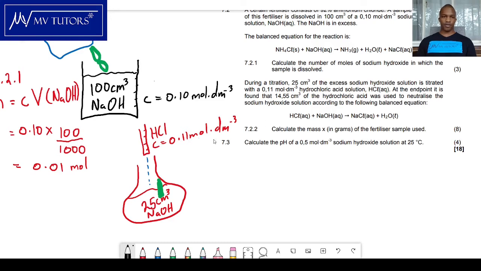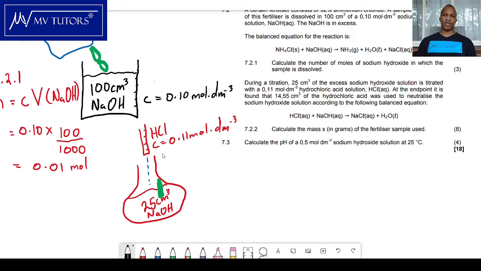I just wanted to write what we've been given so that we can better visualize it. Now at the end point, it is found that 14.55 centimeter cube of hydrochloric acid was used to neutralize the sodium hydroxide solution according to the following balanced equation.